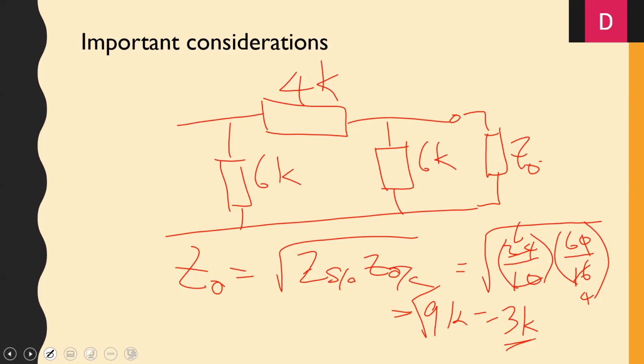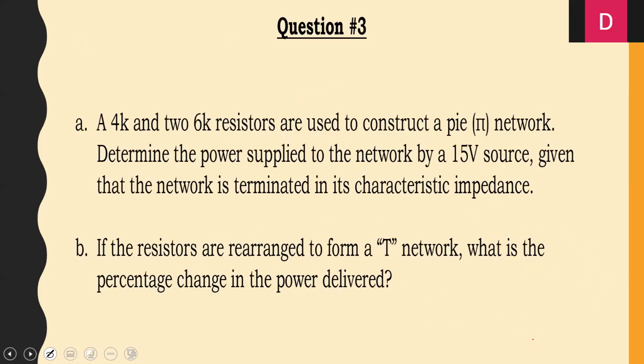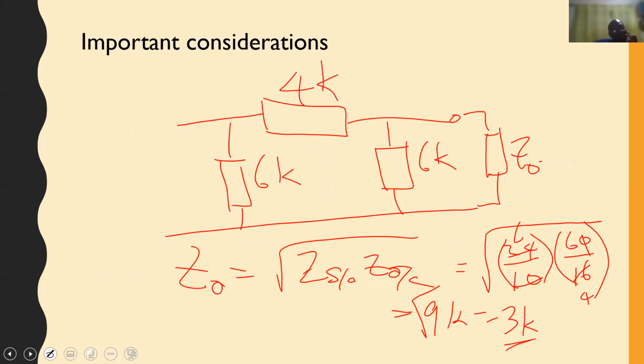Sir, it asked for the power supplied to the network. Yes, sir. A 15 volt source. So where do we go from here? Sir, you would need to attach the 15 volt source. You would consider the 15 volt source at the port. All right, so we have 15 volts.